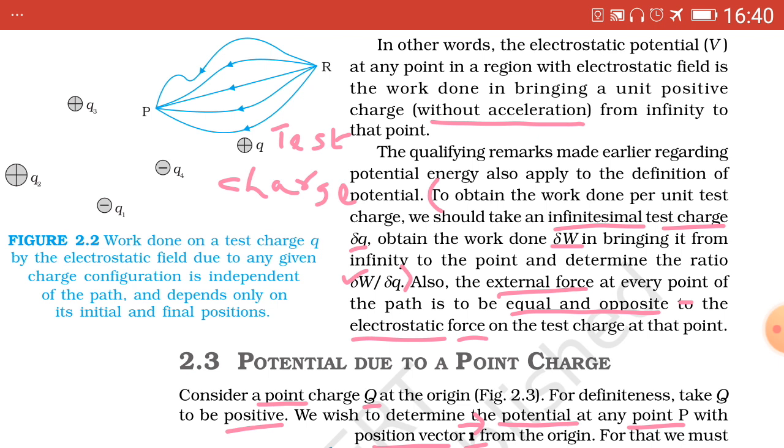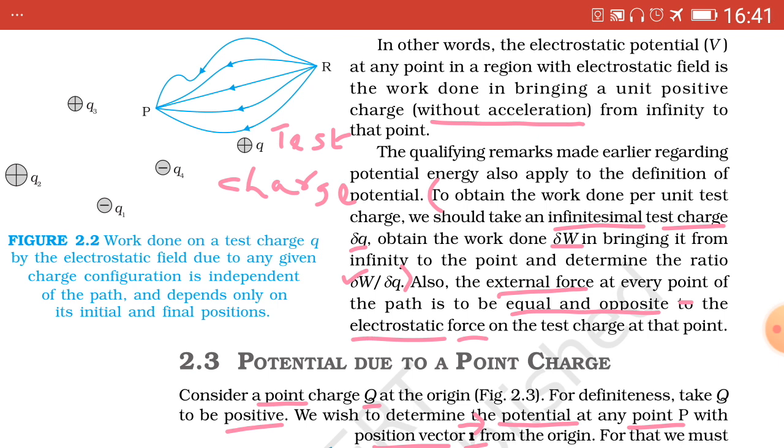Electric field lines are shown from R to P. On any path you can travel from R to P. Different paths are shown by blue lines, arrow from R to P.